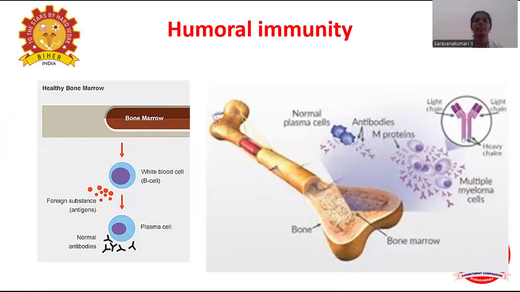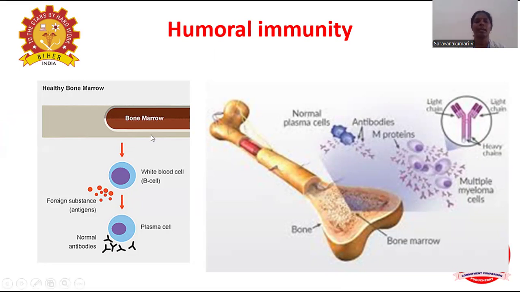So far we have covered the effects of neoplastic plasma cell proliferation in multiple myeloma and its effect on the bone that is responsible for the lytic lesions. Now we will move on to the effects on humoral immunity.